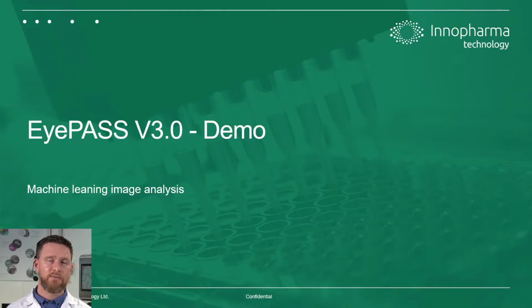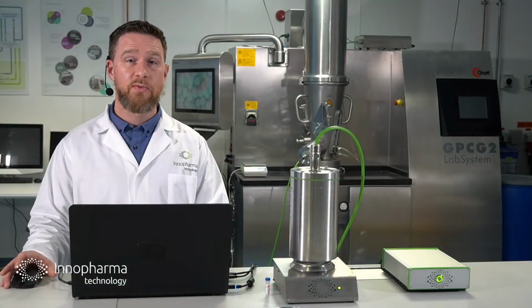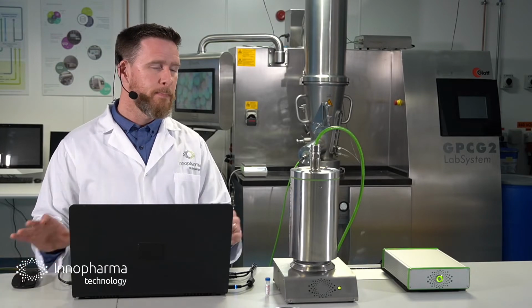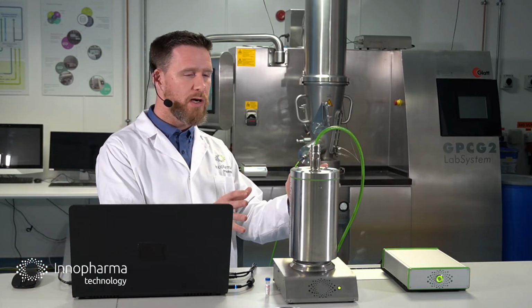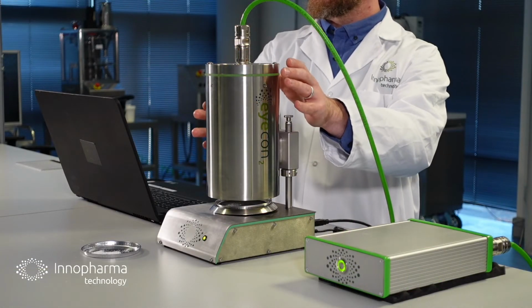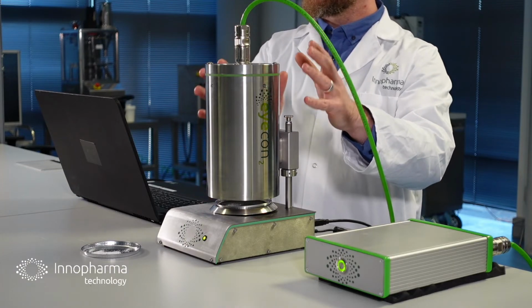Okay, so that's enough about the theory and the background of the Icon 2 and the new machine learning version. Next, we're going to move over to actually a demo here in our process lab showing this software operating. But let's just give a quick recap of the actual hardware. So this is the Icon 2 here. Essentially, inside here, we have the industrial camera, our ring of LEDs in the bottom. It's all GMP compliant.